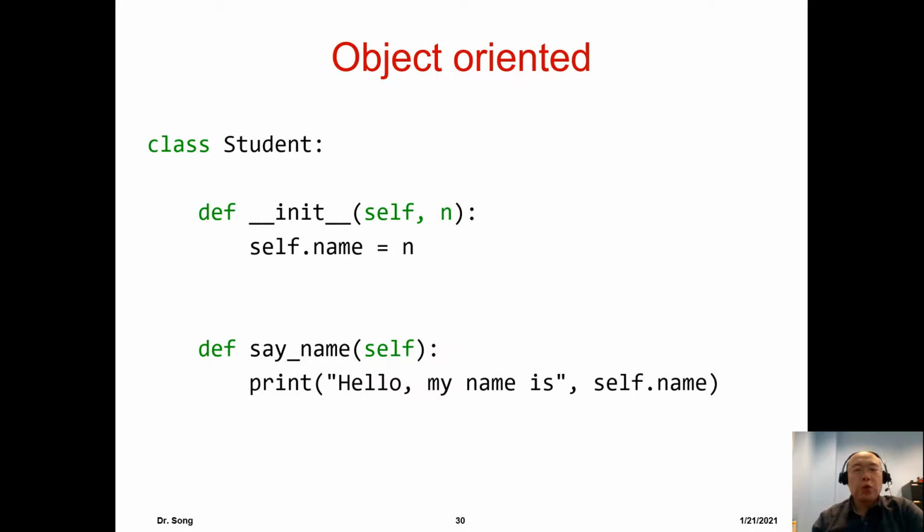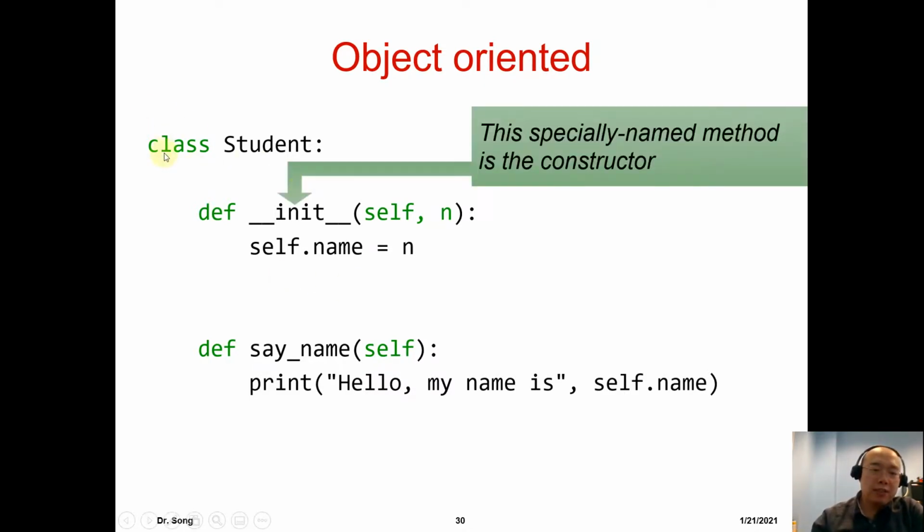How do you create a class by yourself? You want to use the keyword class, which is the keyword to define a class. And then inside, you want to define __init__, and this is called a constructor. Then all the methods defined inside the class have to start with the variable self.